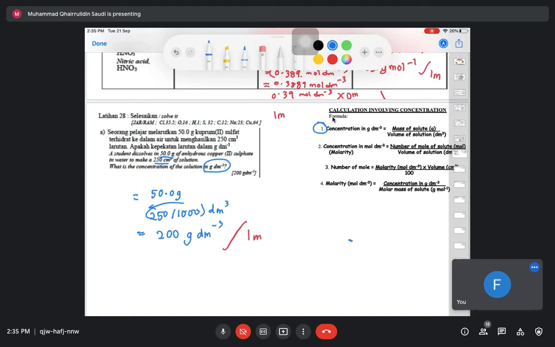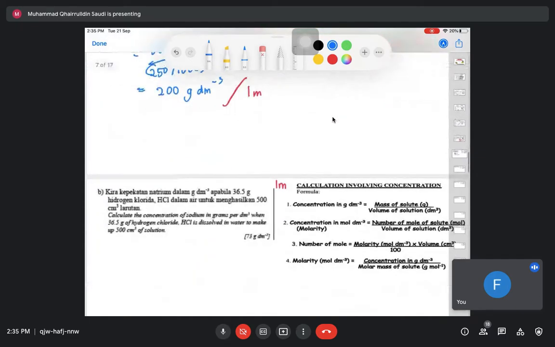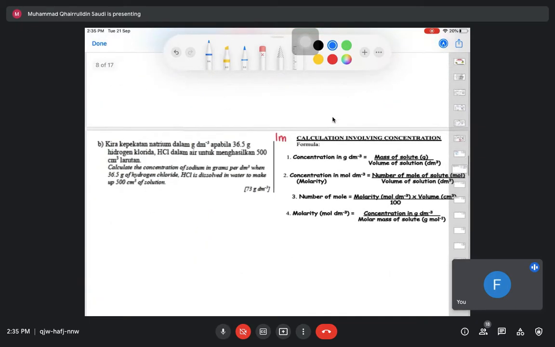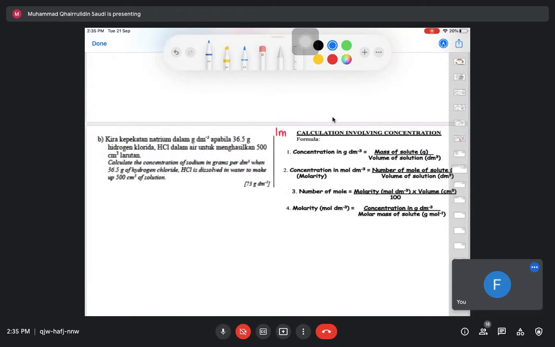Proceed. Okay, next one, B, is also 1 mark. When it is 1 mark it is usually easy. It is a direct question. So calculate the concentration in gram per dm cube, when 36.5 gram of hydrogen chloride is dissolved in water to make 500 cm cube of solution. Same, it is still formula number 1.